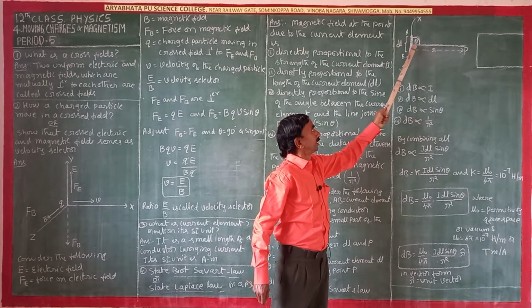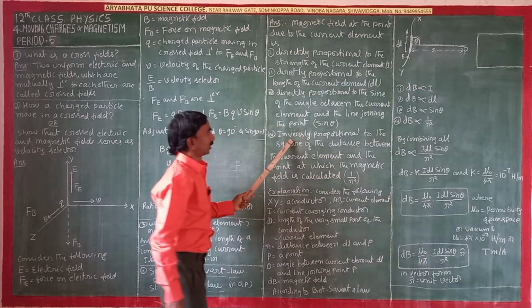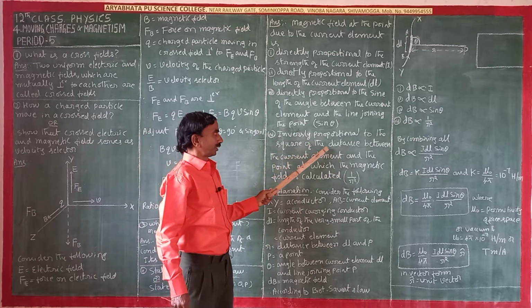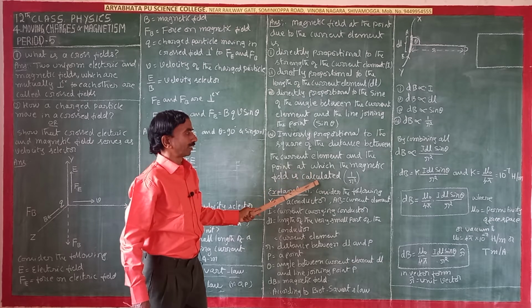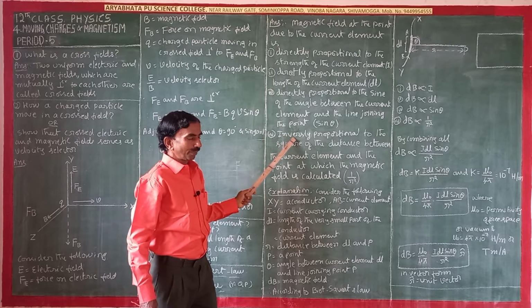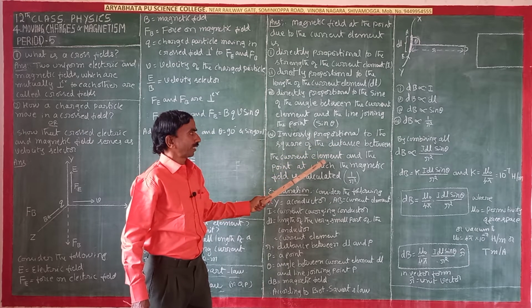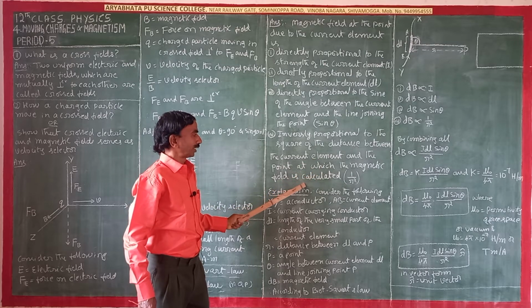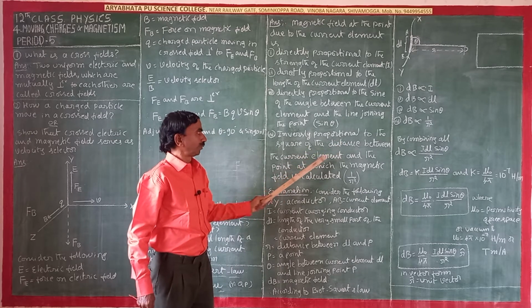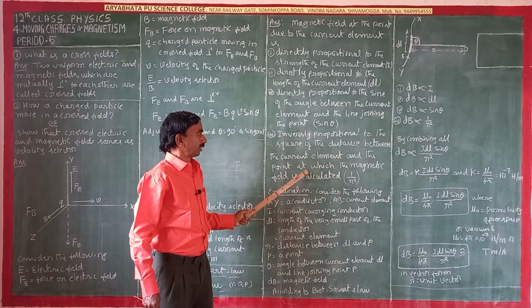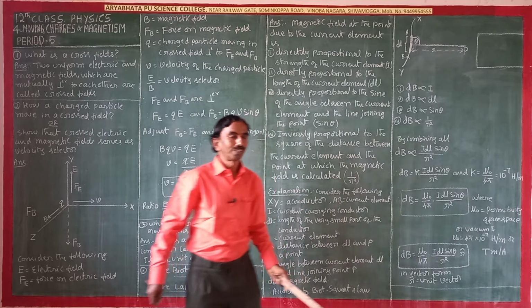Them means the distance between the current element and the point P at which the magnetic field is calculated. Inversely proportional to the square of the distance between the current element and the point at which the magnetic field is calculated. That is Biot-Savart's law.